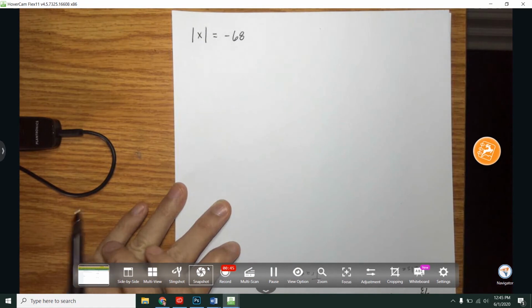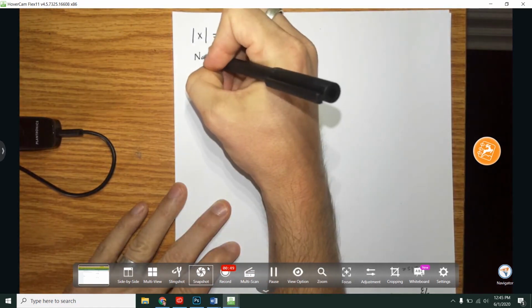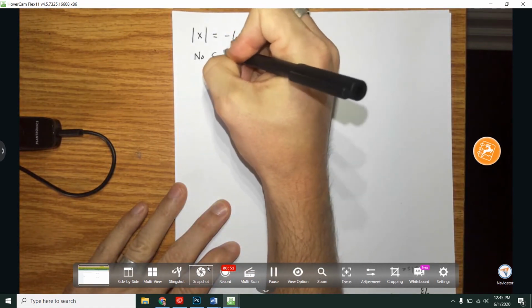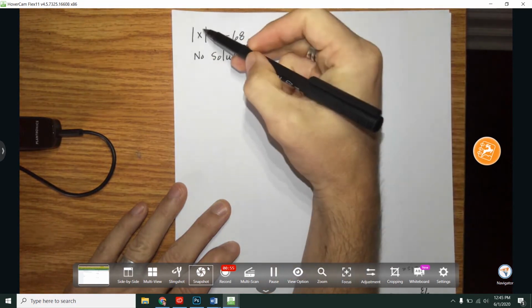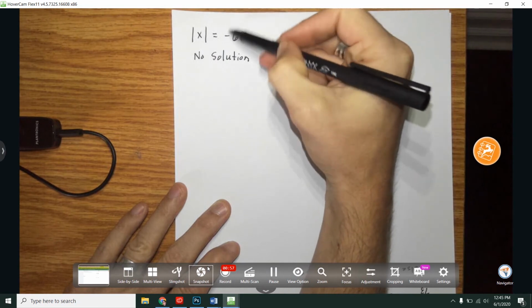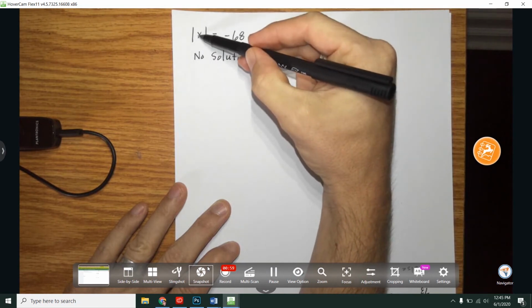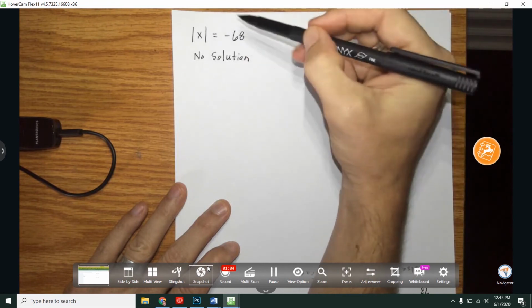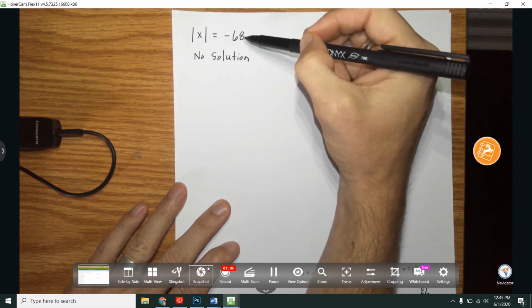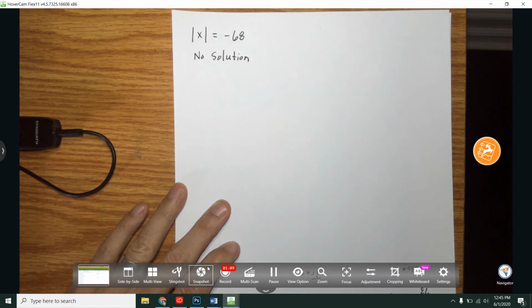Okay, so when we have that happen, we say that it has no solution. There is no number or value that we can assign as x that would give us this output. We couldn't put negative 68 in here. We couldn't put 68 in here. Nothing, because it would just keep giving us positive answers. The answer to this one is no solution.